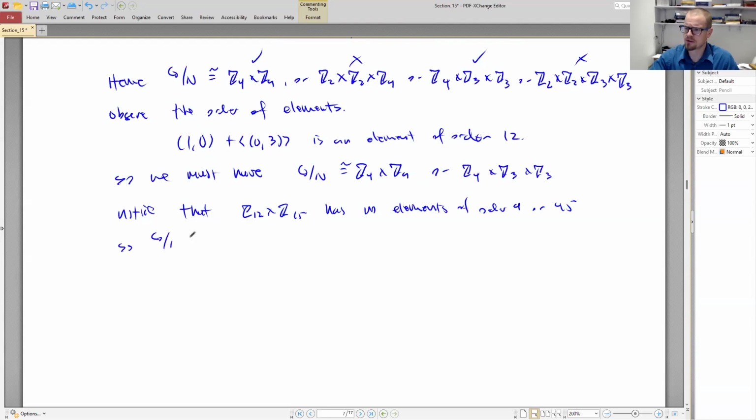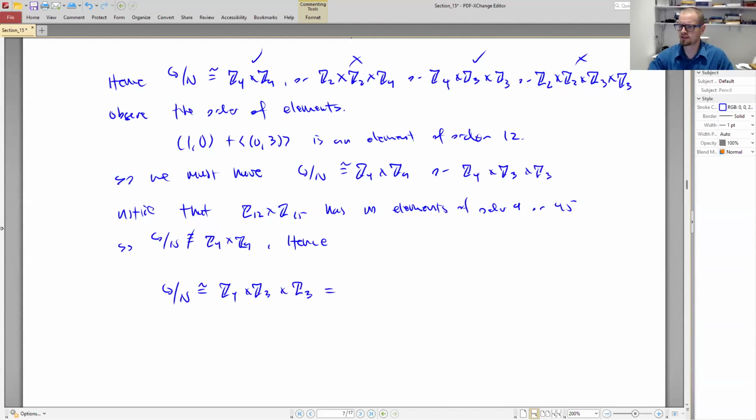So G mod n cannot be isomorphic to Z4 direct product with Z9. Hence, we do have that G mod n is isomorphic to Z4 direct product with Z3 direct product with Z3.